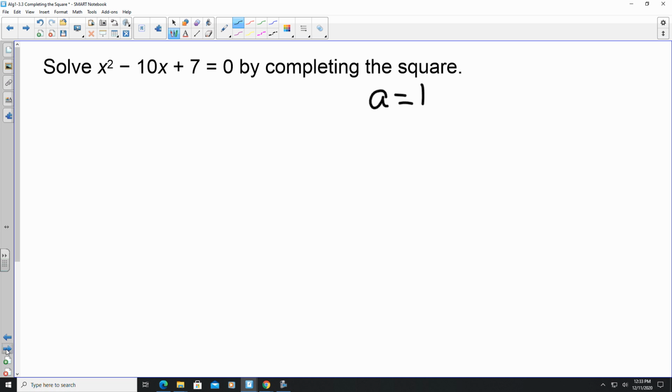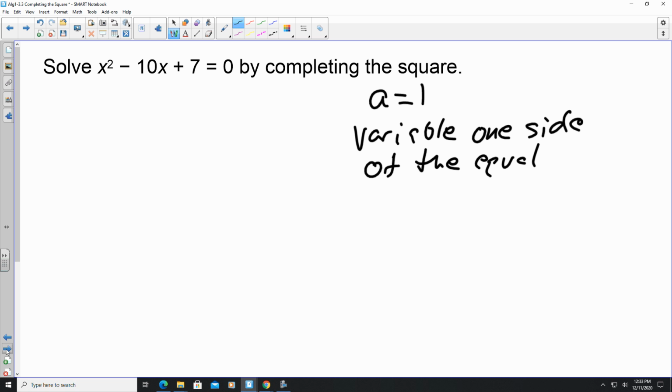If a does not equal 1, then the whole thing has to be divided by whatever that coefficient is, so that a becomes 1. The second step is to place all variables on one side of the equal sign and non-variables on the other.